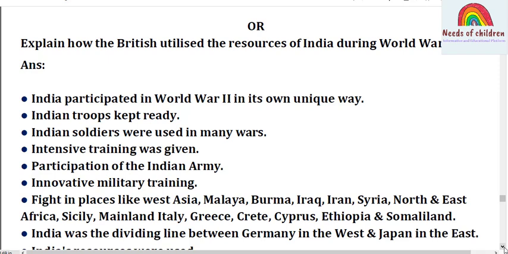Intensive training was given. Participation of the Indian Army, innovative military training, fighting in places like West Asia, Malaya, Burma, Iraq, Iran, Syria, North and East Africa, Sicily, mainland Italy, Greece, Crete, Cyprus, Ethiopia, and Somaliland.